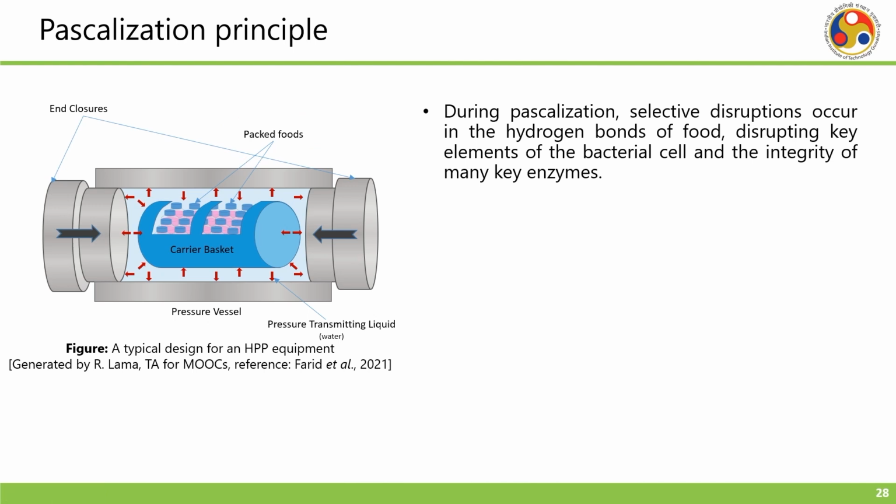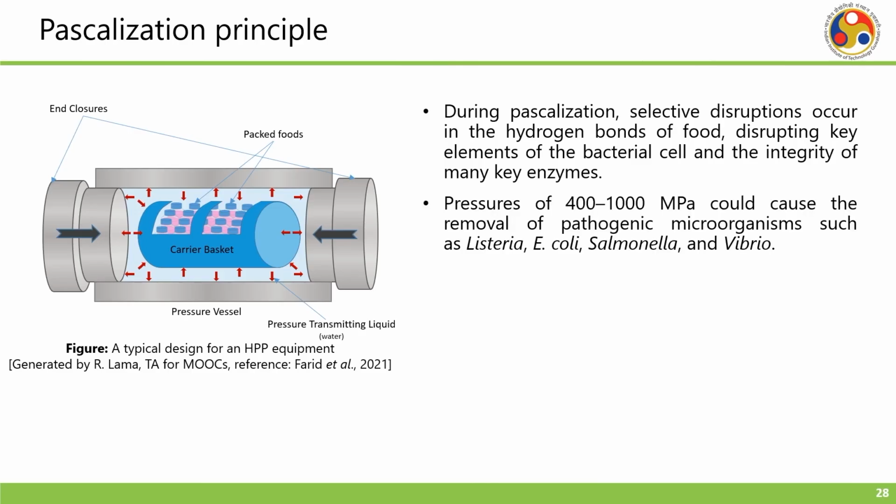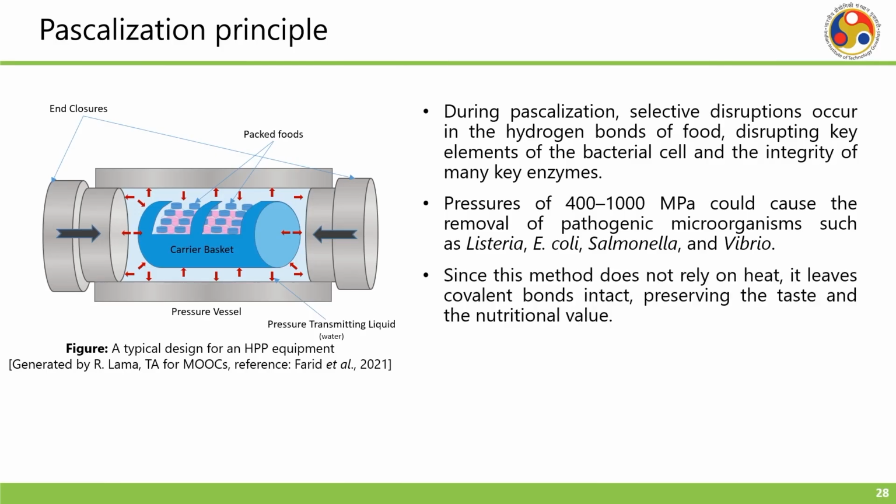During pascalization, selective disruptions occur in the hydrogen bonds of food, disrupting key elements of the bacterial cell and the integrity of many key enzymes. Pressures of around 400 to 1000 megapascal could cause the removal of pathogenic microorganisms such as Listeria, E. coli, Salmonella and Vibrio.